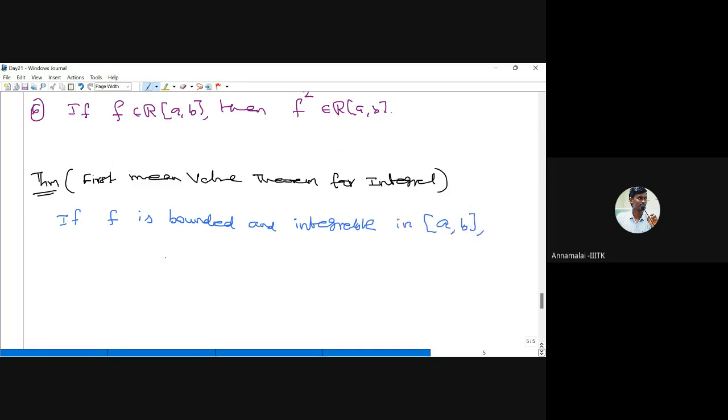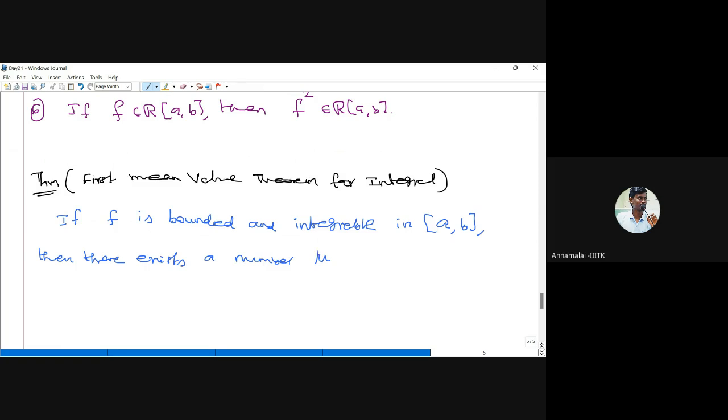Then there exists a number mu, lying between the bounds of f.